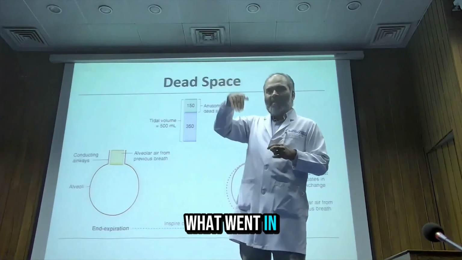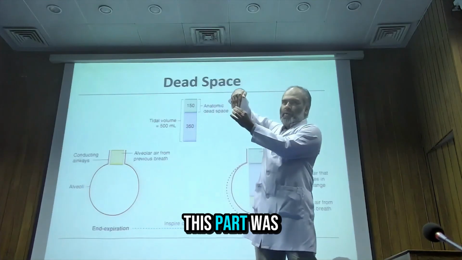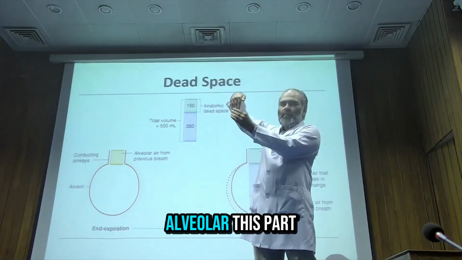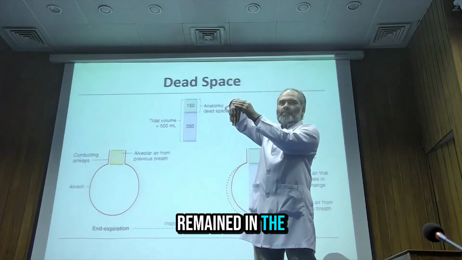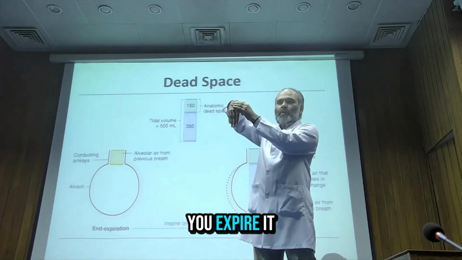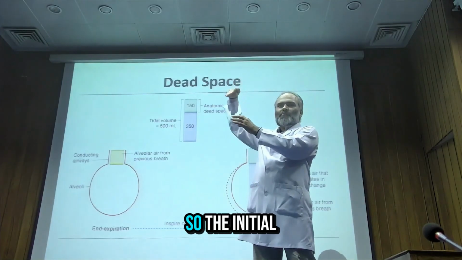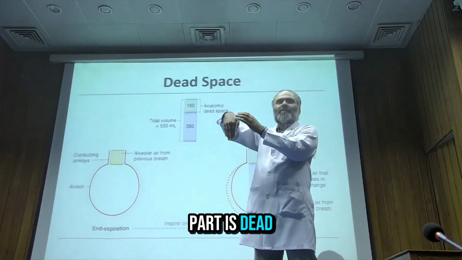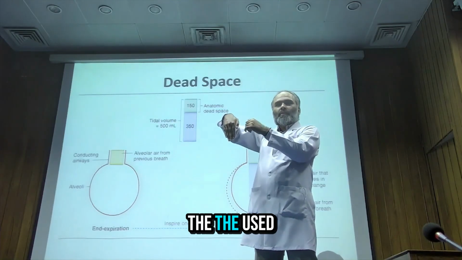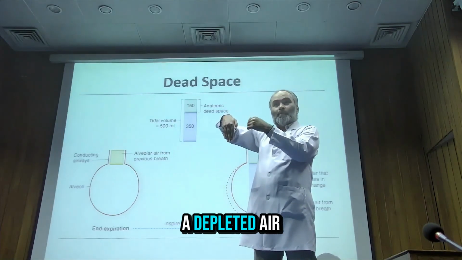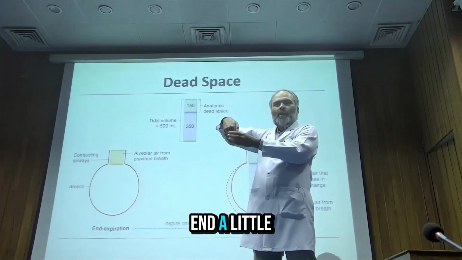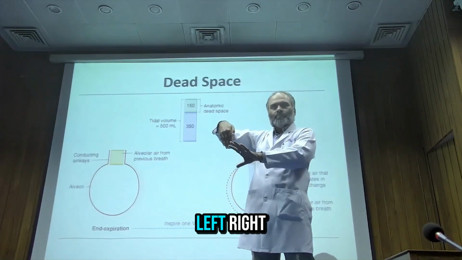So what went in, this part went into the alveoli, this part remained in the conducting zone. When you expire, it comes out like this. So the initial part is dead space, fresh air. The used up depleted air comes at the end, a little, because the rest is left, right?